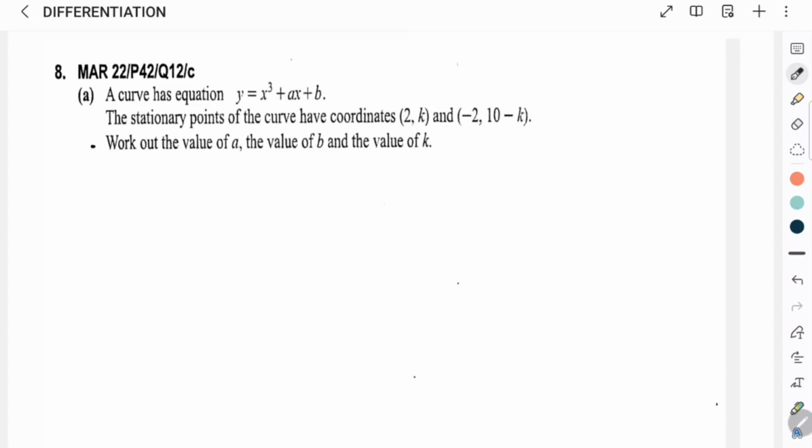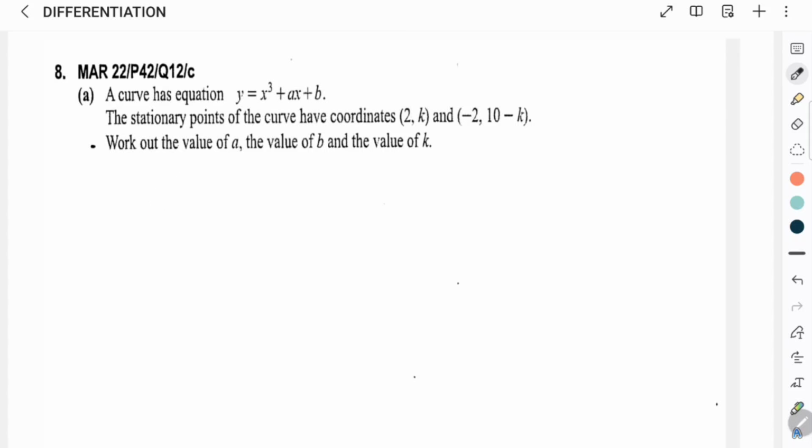Alright, this is March 2022 paper 4 question number 12. A curve has the equation y is equal to x cubed plus ax plus b. The stationary points of the curve have the coordinates (2k, -2) and (10 minus k). Work out the value of a and b and the value of k.